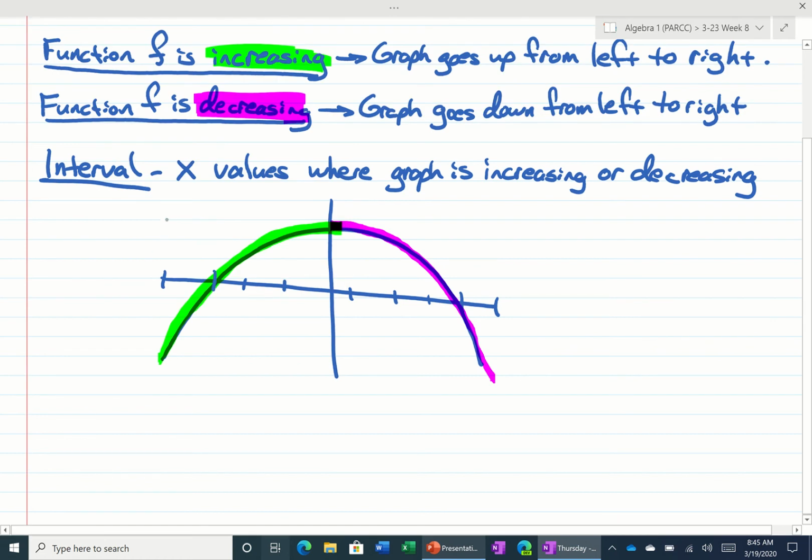It looks like starting right here, when x is -1, -2, -3, and -4. So starting at -4, up until 0, the graph is green, it's going up. So we would say from -4 to 0, the graph is increasing.